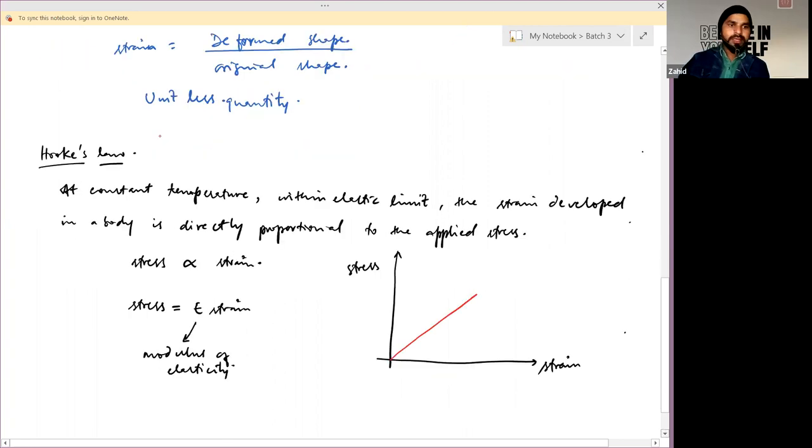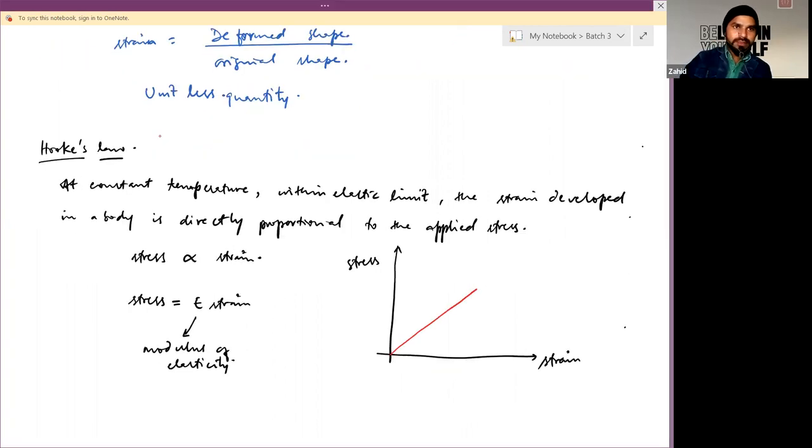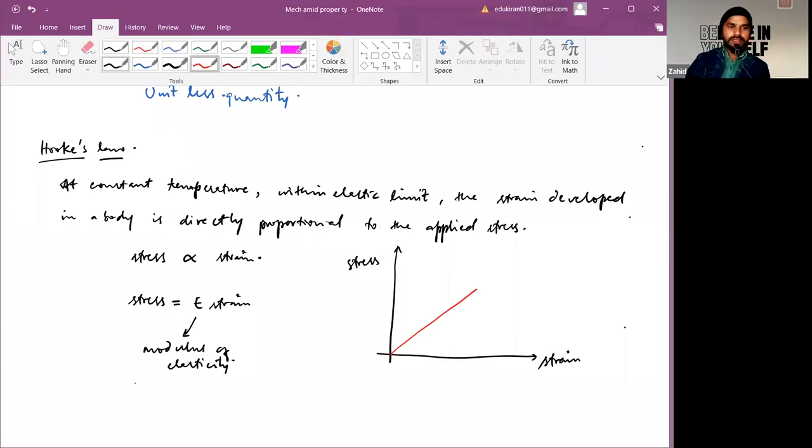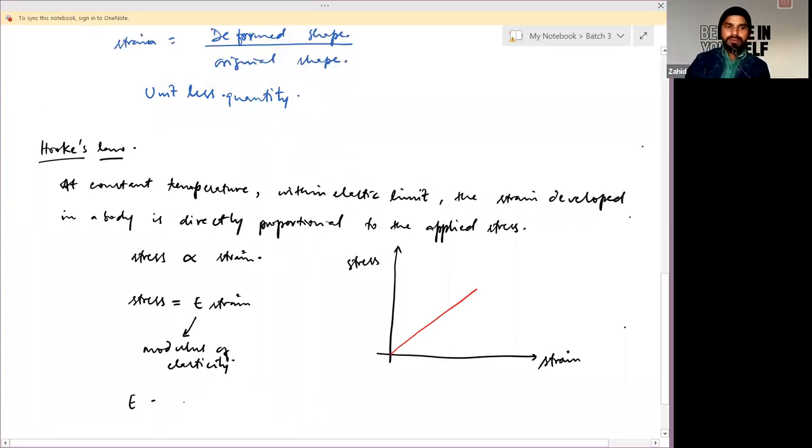If you rearrange this equation, you'll get E equals stress divided by strain, which, related to this graph, is the slope of the stress-strain curve.